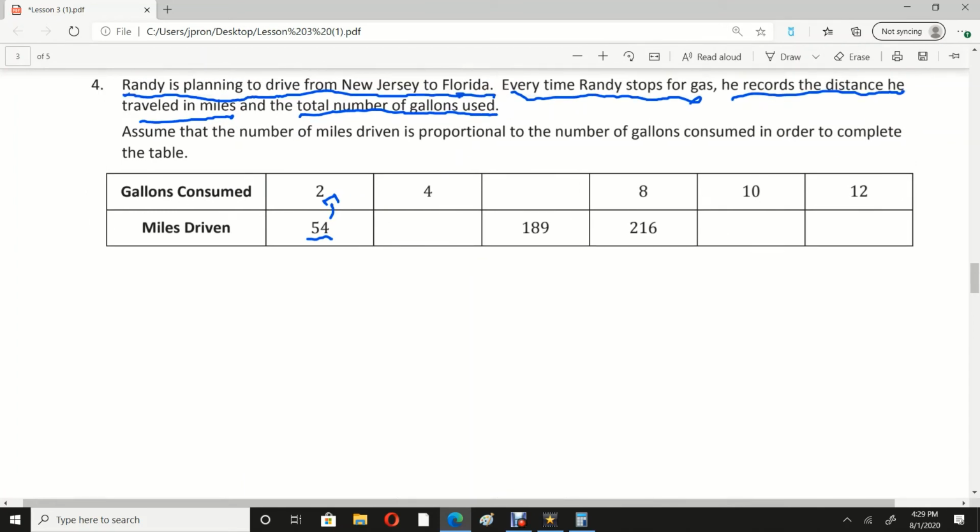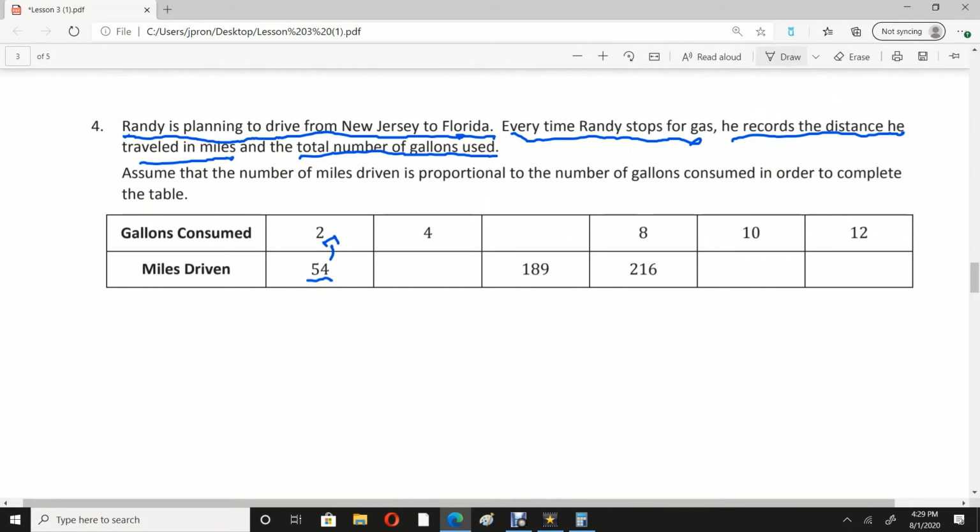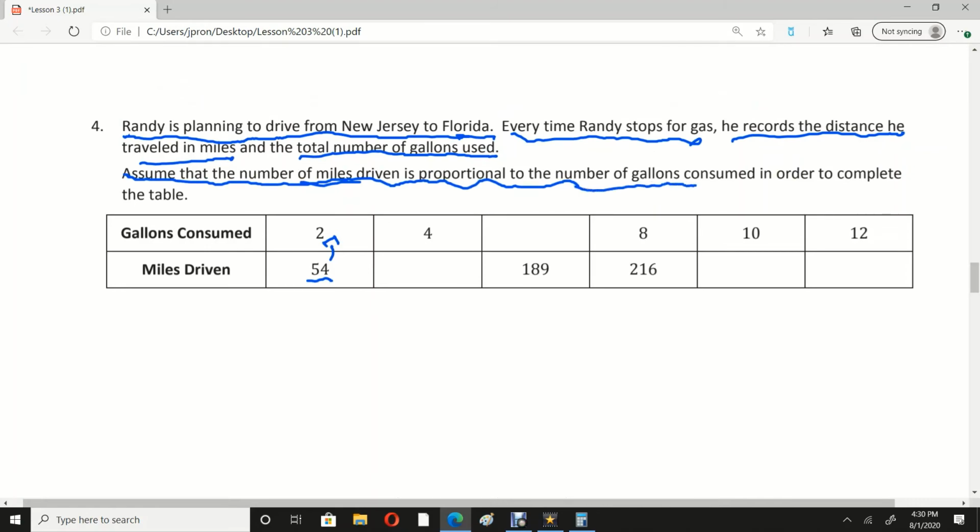Fantastic. Okay, so we're going to assume here, because this problem is telling us to, that the number of miles driven is proportional to the number of gallons consumed in order to complete the table.